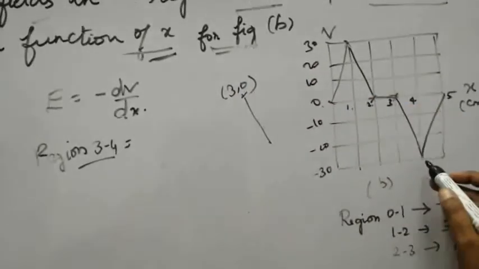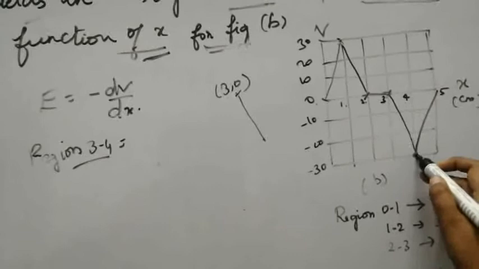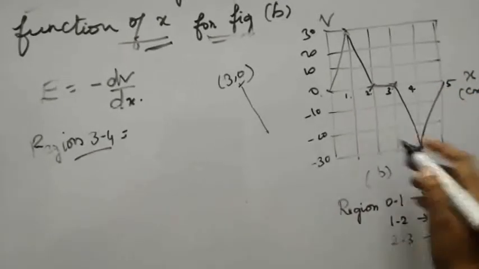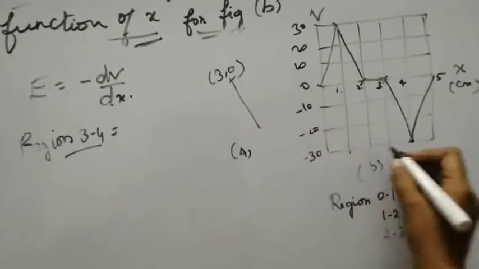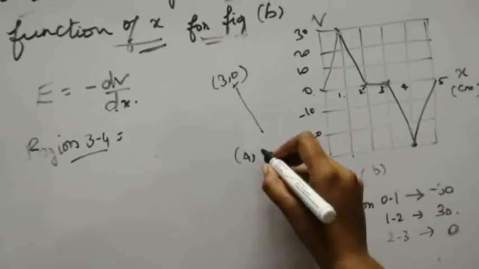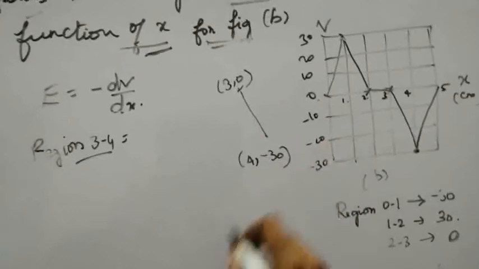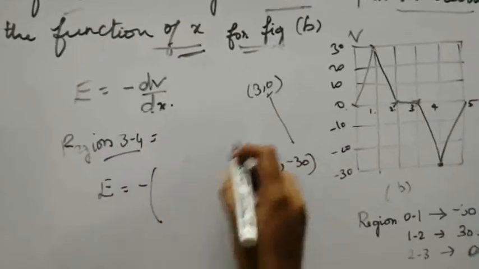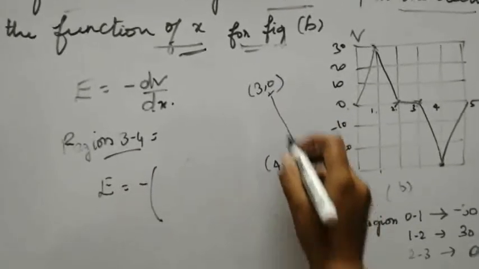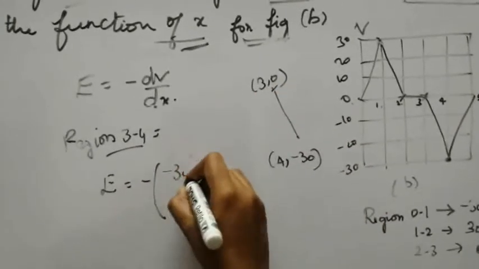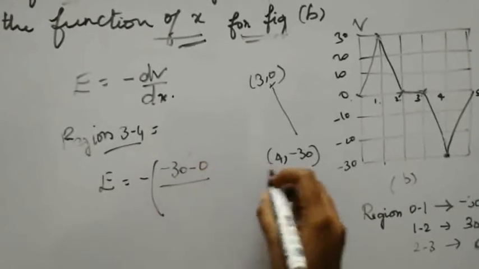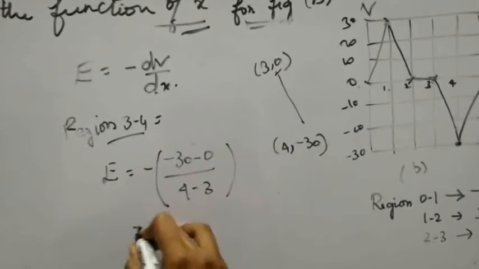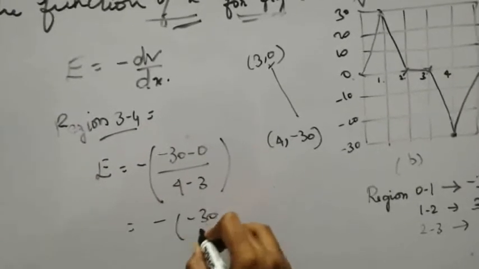The final point, the ending point, is at 4, where the y-axis value is minus 30. So E is equal to minus of change in y, final value minus initial value, so minus 30 minus 0 divided by 4 minus 3, which is minus of minus 30 by 1.